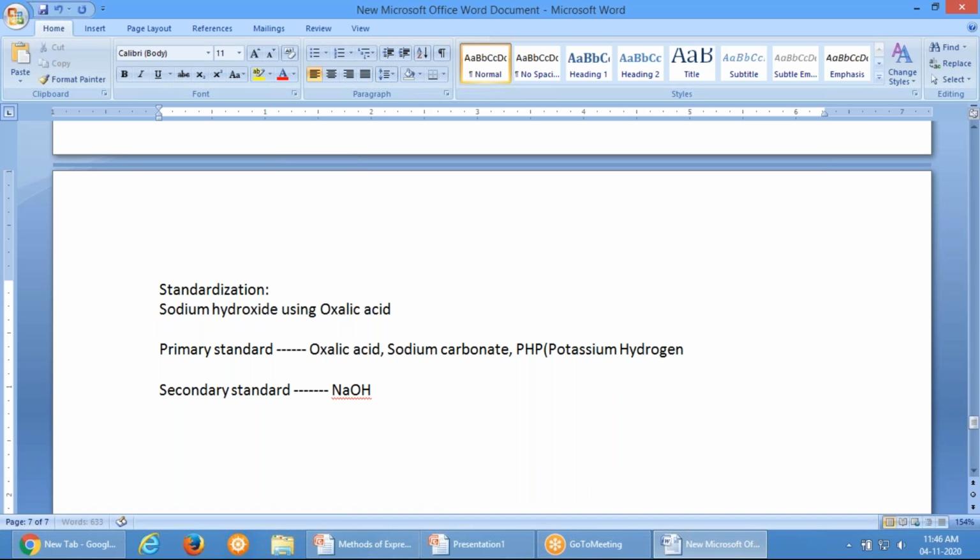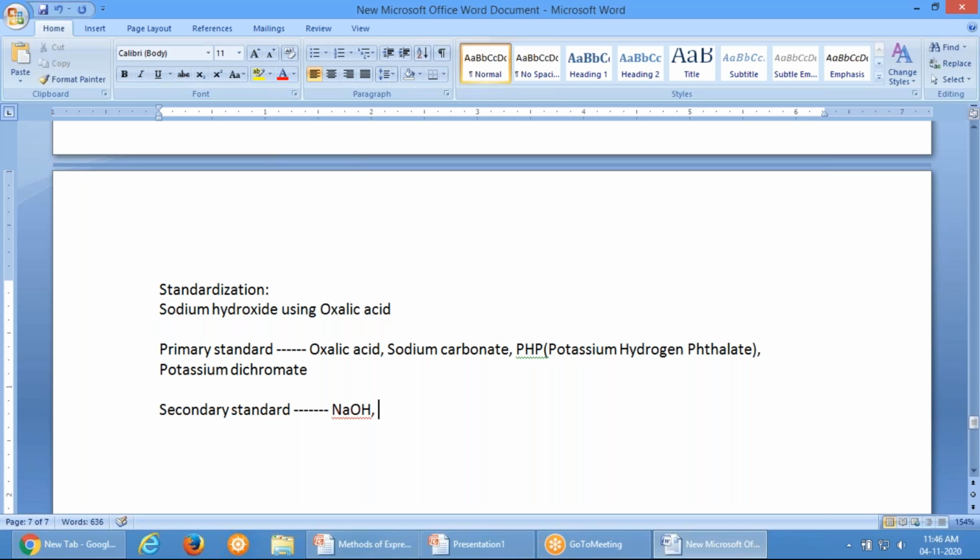It's not phosphate. Phthalate. Potassium hydrogen phthalate. Oxalic acid, sodium carbonate, potassium dichromate. So these are the examples of primary standard.